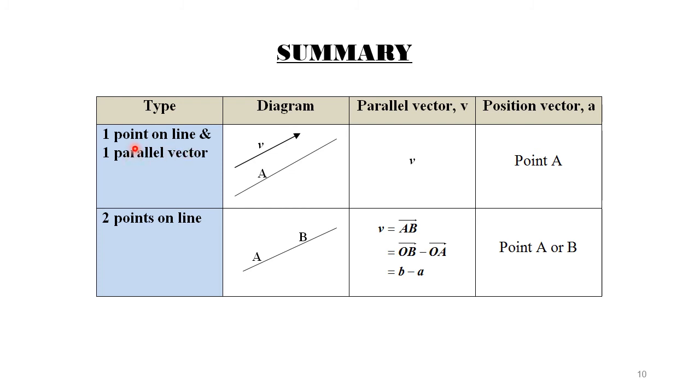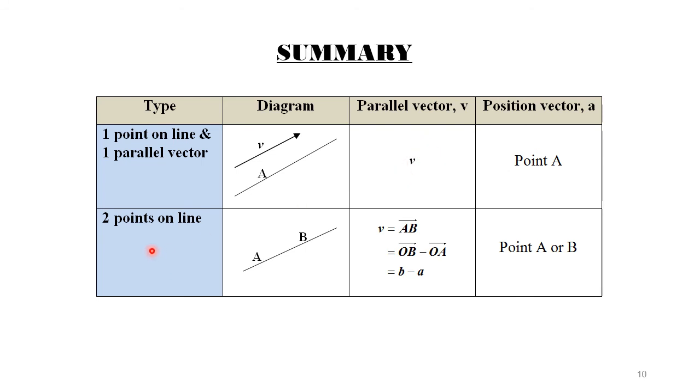So the first situation is we have a point on the line and one parallel vector. So straight away we figure out the parallel vector is v, and a point on the line is a. Remember the vector equation r equals a plus tv. So you should have a point a and then a parallel vector which is v.